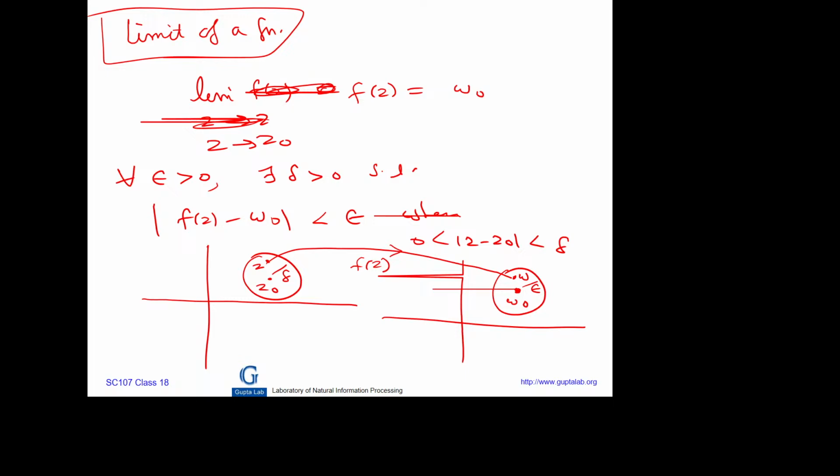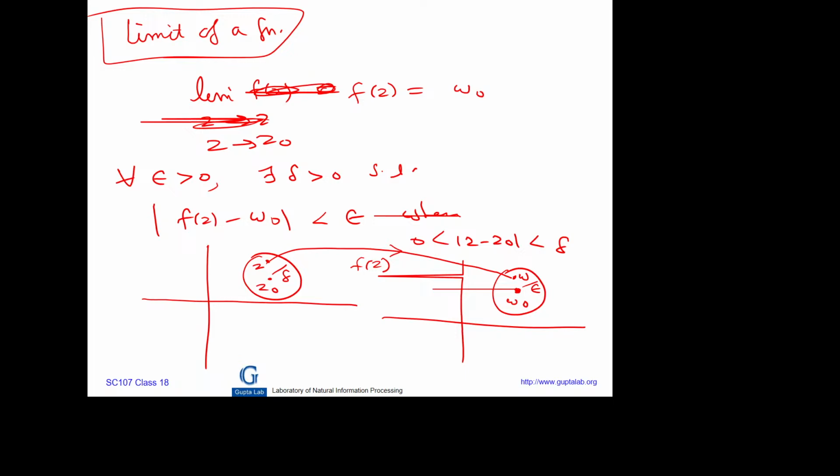So the question is, how do we do this? We know the definition. For every epsilon positive, there should be delta positive such that mod of f of z minus i by 2 should be less than epsilon, for some delta. I have to find the value of delta.